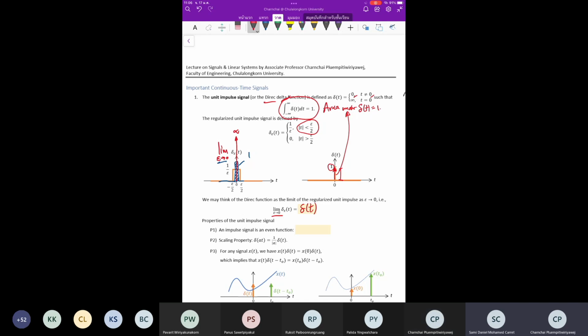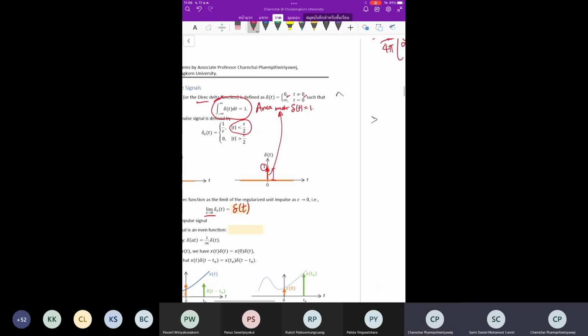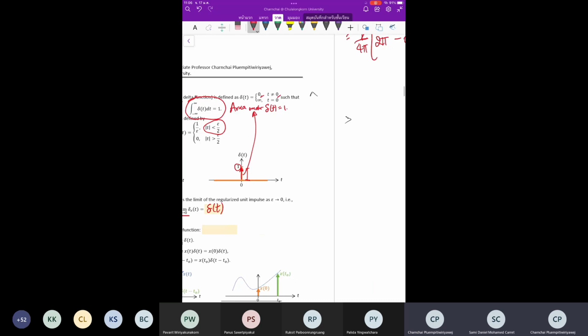Suppose I give you something like this. Actually, this is not delta t. This is just an x-axis anywhere. Suppose I draw something like this. The height is 2. What does this mean?